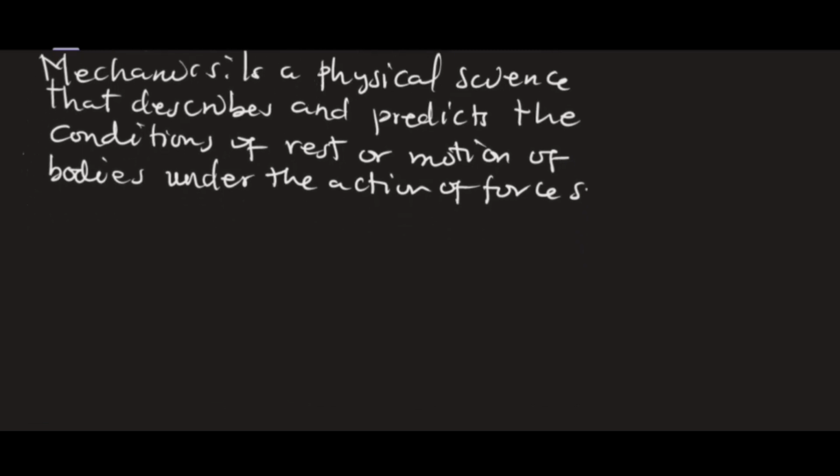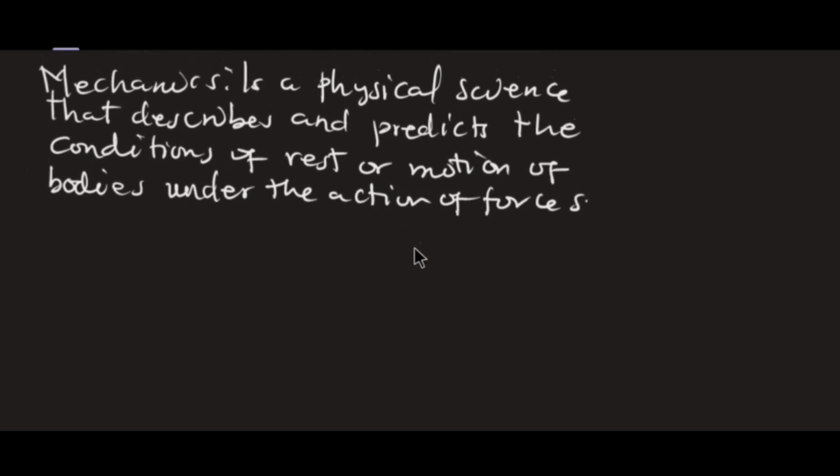So now, from this definition, mechanics simply is a physical science. When you talk about physical science, what we mean is physics, the physicality of nature. So it is a physical science that describes and predicts the conditions of rest or motion of bodies under the action of forces.